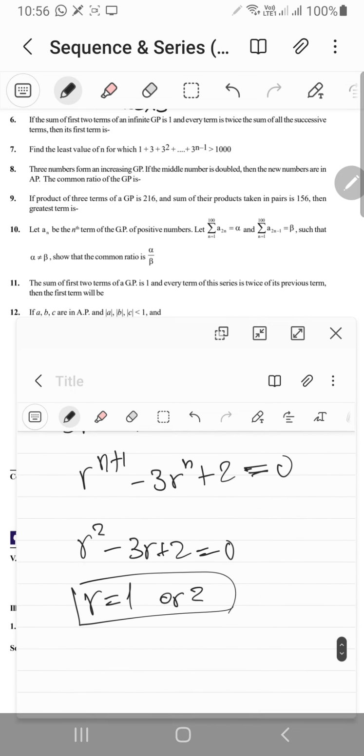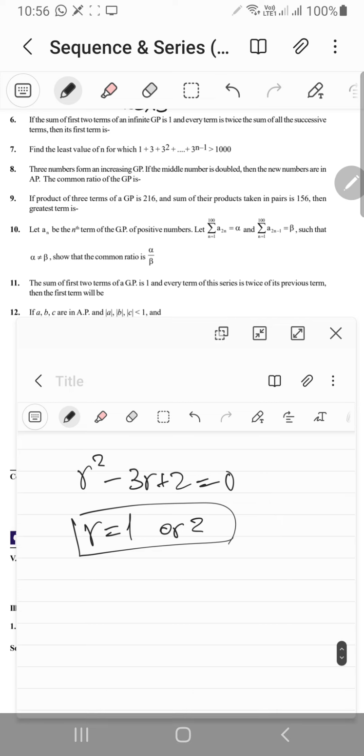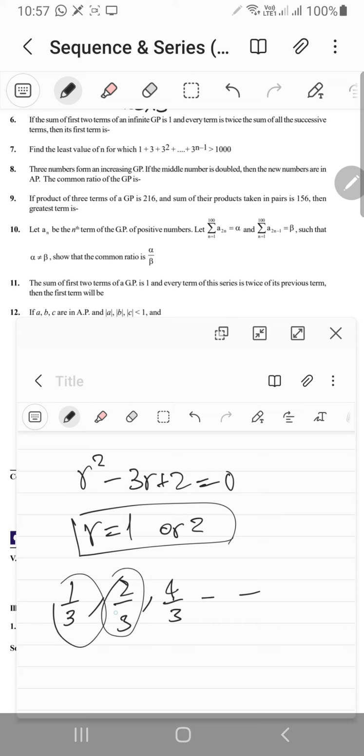Wait, but how can that be? R is 2. Okay, so a would be 1 by 3, and this would be 1 by 3, 2 by 3, 4 by 3, and so on. So add these up, just get 1, which is definitely not what this is.